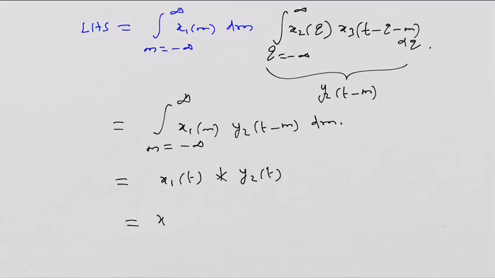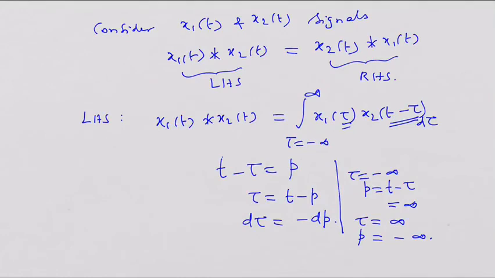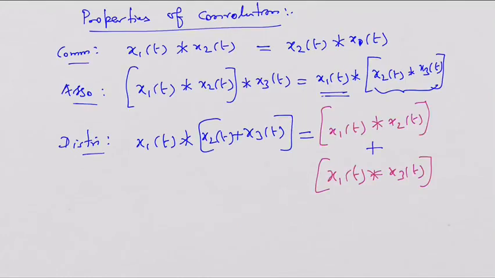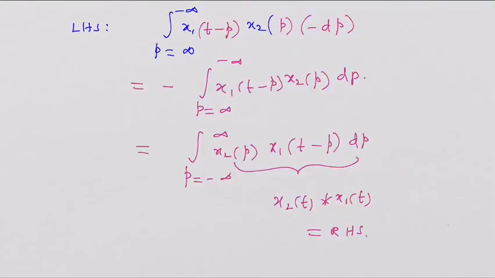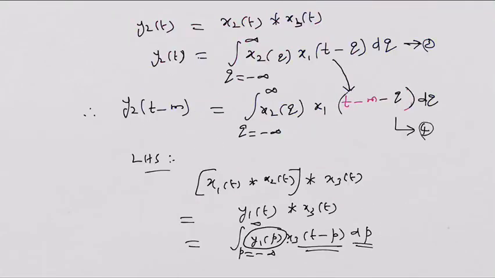As you all know, what is y2 of t? Do you remember what y2 of t is? Yes, y2 of t is the result of convolution of x2 of t with x3 of t.